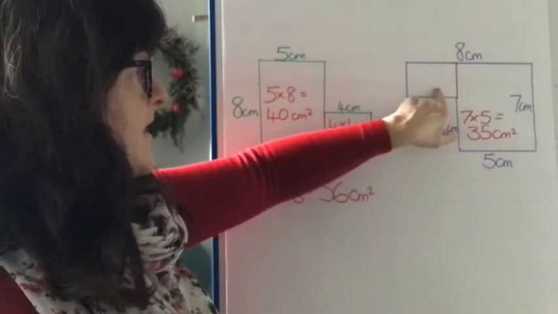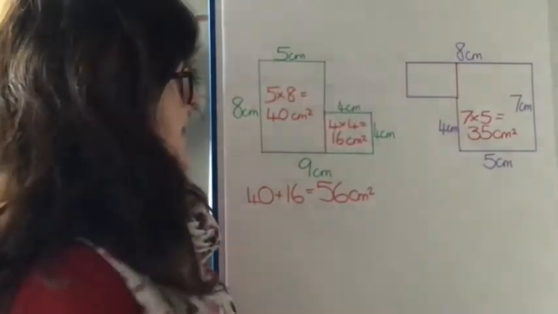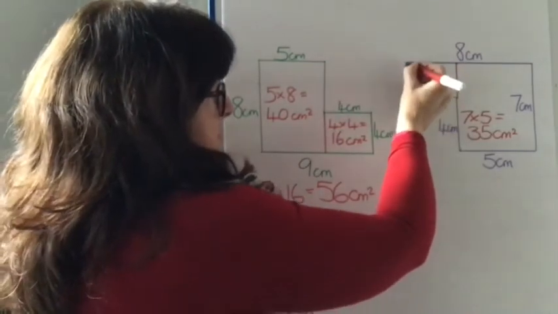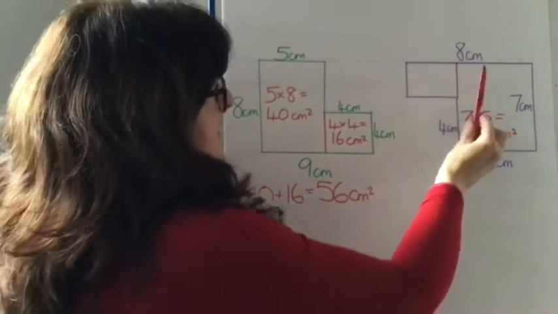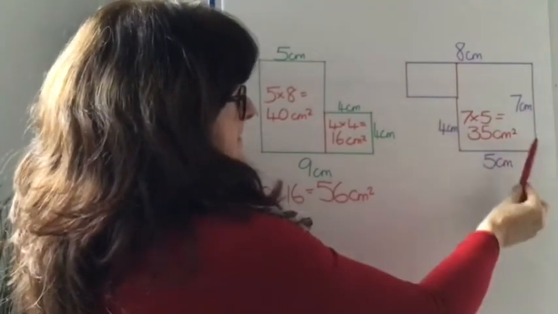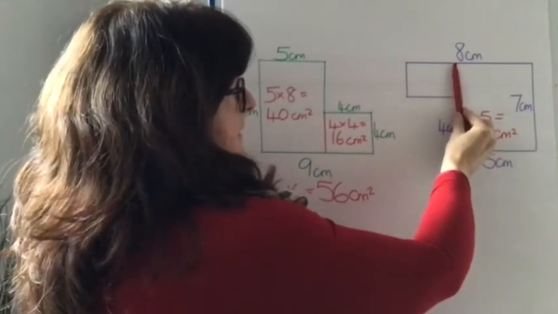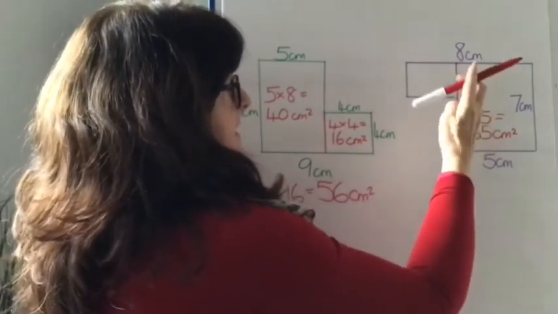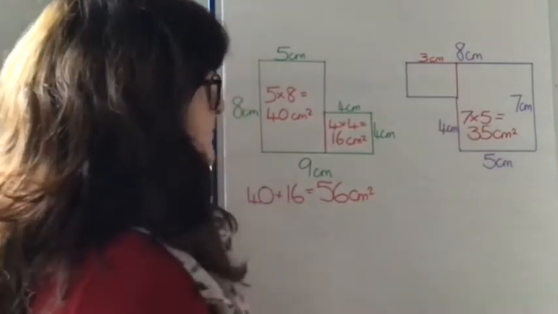Now I need to calculate the area of this part of the compound shape, but I don't know this edge and I don't know that edge, but I can easily work them out. I know that the whole length here is 8 centimetres, and I know that this bit here is 5. 5 add 3 is 8, so this must be 3 centimetres.